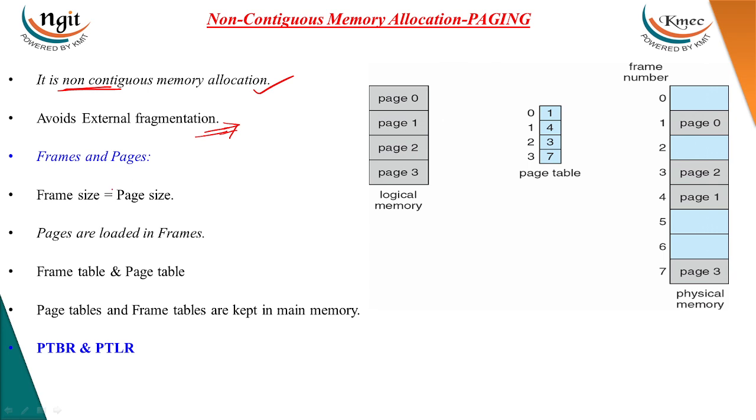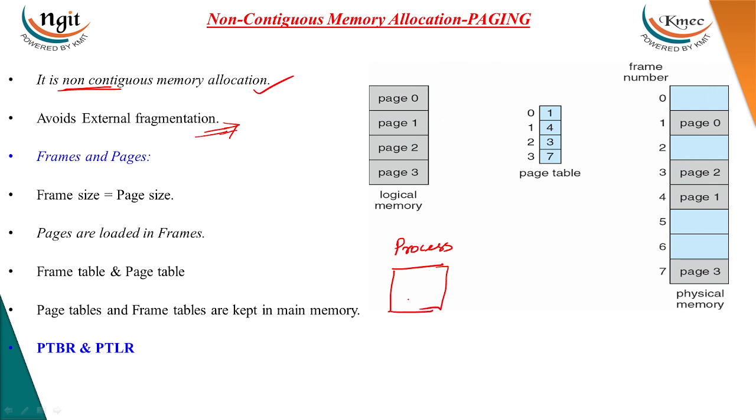In paging there are two things. First, there is a process. The process combines your program and data, and this is stored on your hard disk.